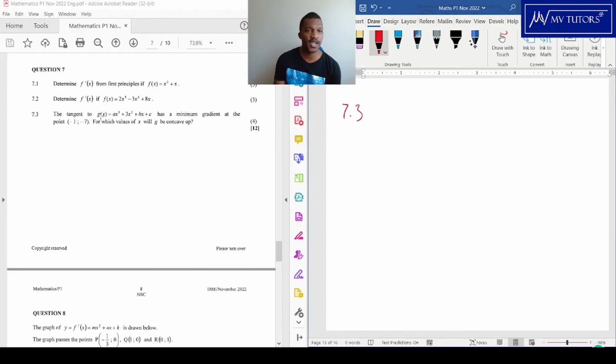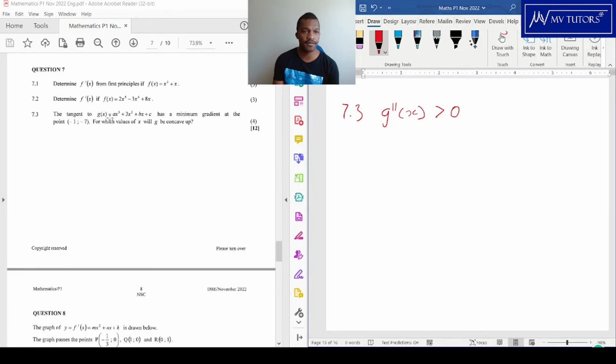It says the tangent to g of x, that's the formula of g of x, has a minimum gradient at the point. Okay, so they're actually telling us where the minimum gradient is. For which values of x will g be concave up? Here's what we know.